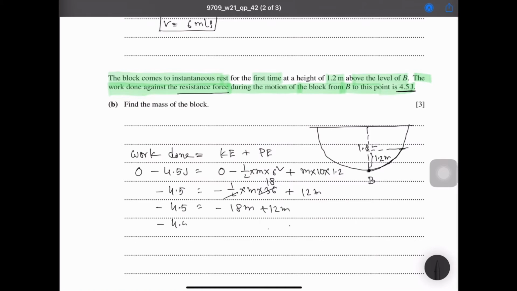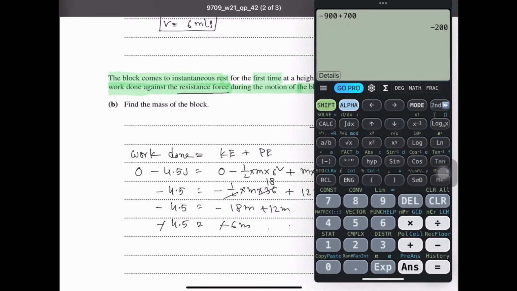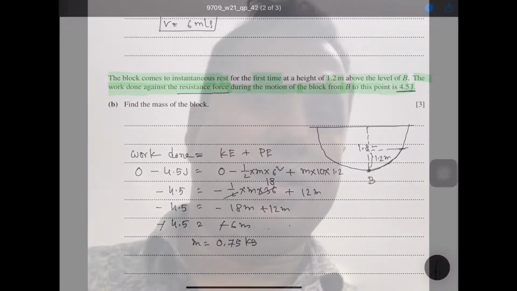I mean 4.5 equals 6m. So this is cancelled, and if we divide 4.5 divided by 6, we have 0.75 kg.